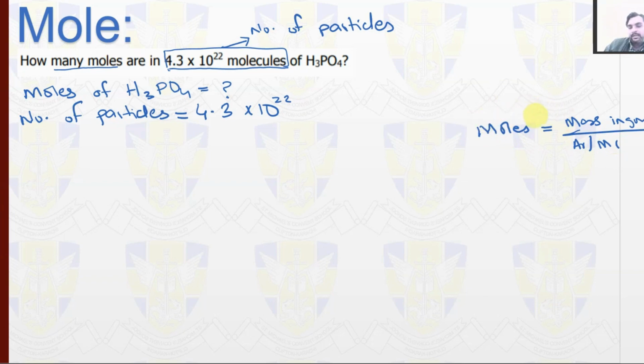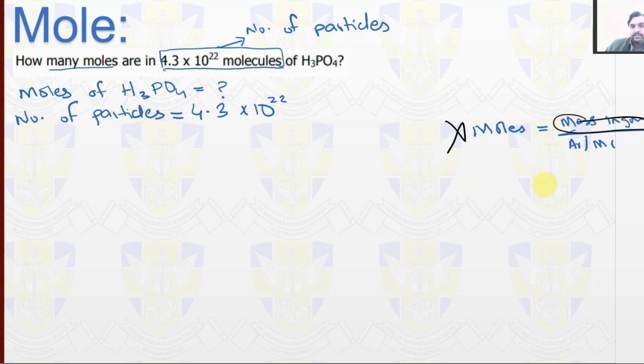Why? Because in this formula you need the mass in grams, and you have to divide that mass in grams by the Ar or Mr. Is the mass in grams given in the question? No, it's not given over there. So how could you use this formula? You have to calculate the moles, and the mass is not given.